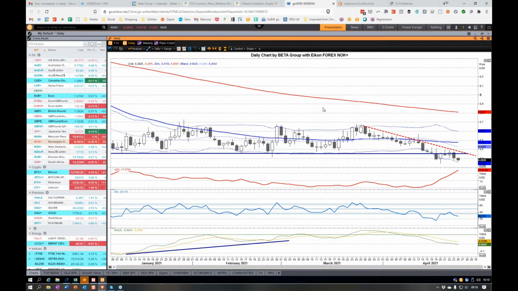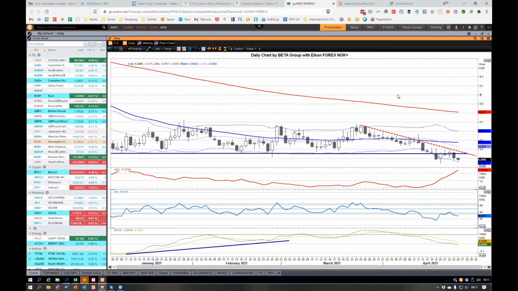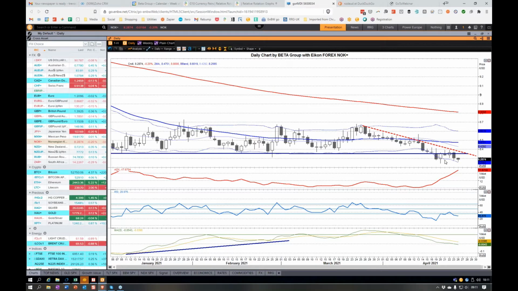So this is my favorite to exploit the weakness of the dollar. I've drawn this downtrend line here, put it in as dash. The reason being is the levels don't match up precisely, but we've definitely got the pattern of lower highs. We've broken the support level, retested it, now broken, and now moving down again, I think. The ADX is telling us that the trend is strengthening, the trend is down.